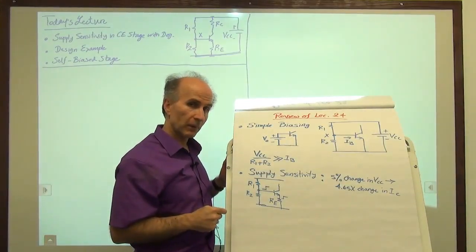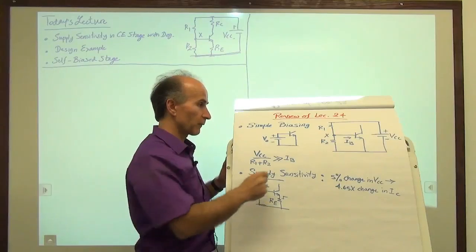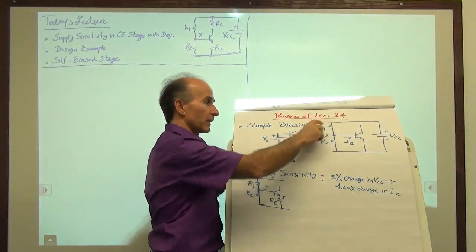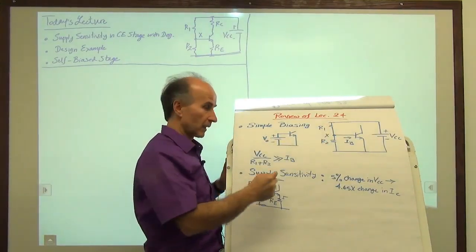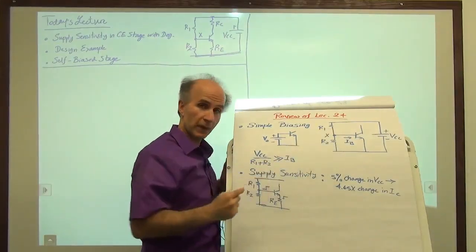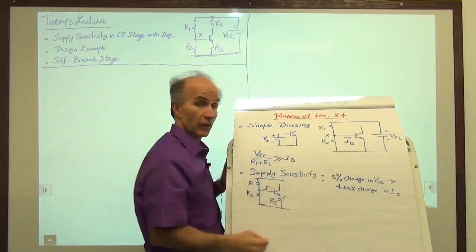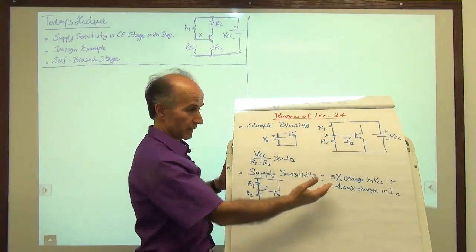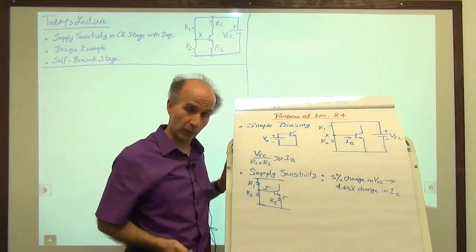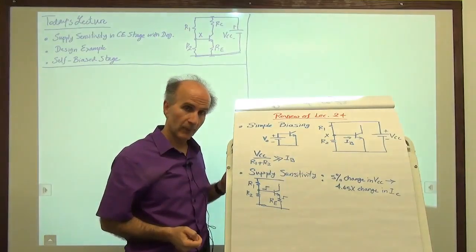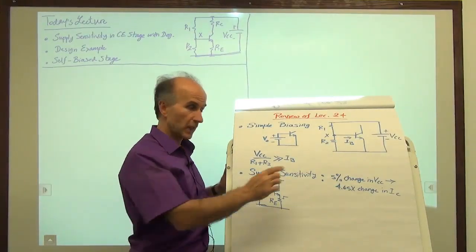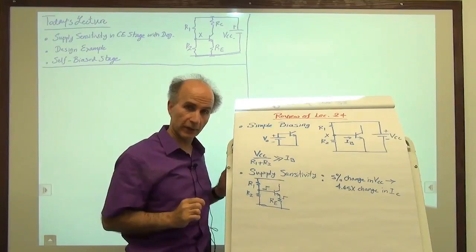Now, the problem was that we noticed if, for example, the supply goes up by 5%, and therefore this base voltage goes up by 5%, then the collector current changes by a very large amount, for example, by a factor of 4.65. So that is the principal issue in this type of biasing circuit.